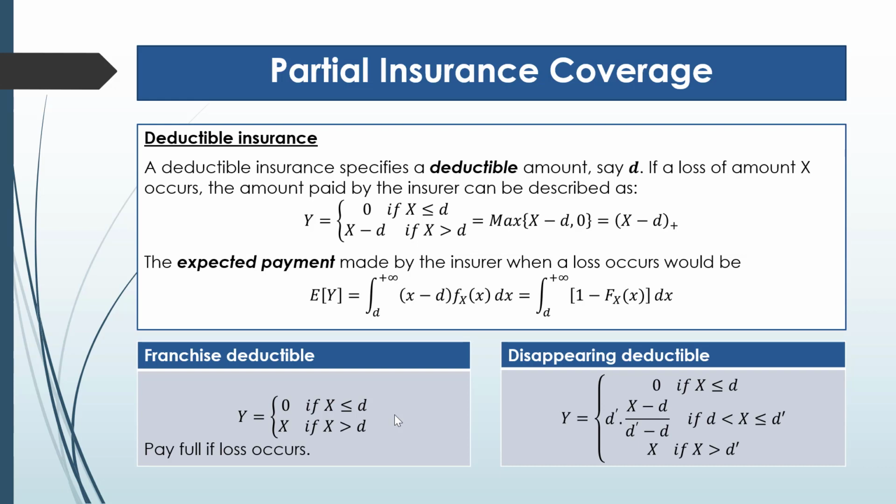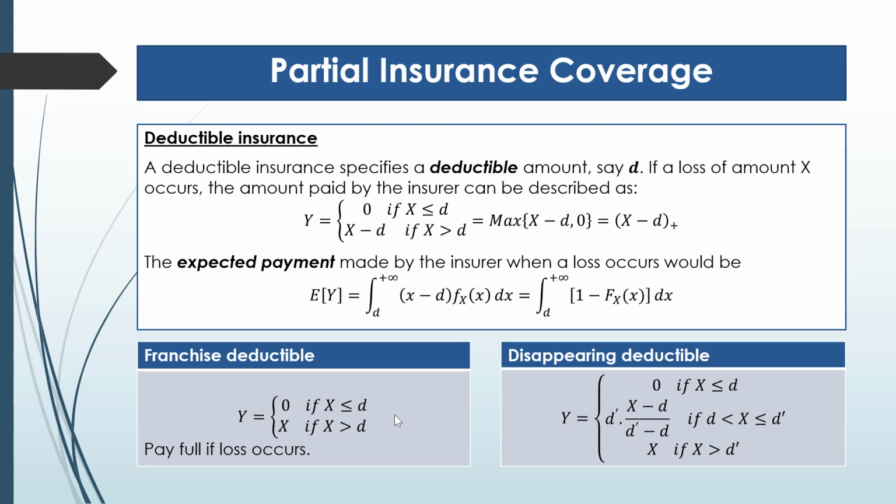So if the loss is less than D, the insurer does not pay anything to the policyholder. If the loss is between D and D prime, the insurer will pay D prime times (X minus D) over (D prime minus D) to the policyholder. If the loss is more than D prime, the insurer will pay in full.